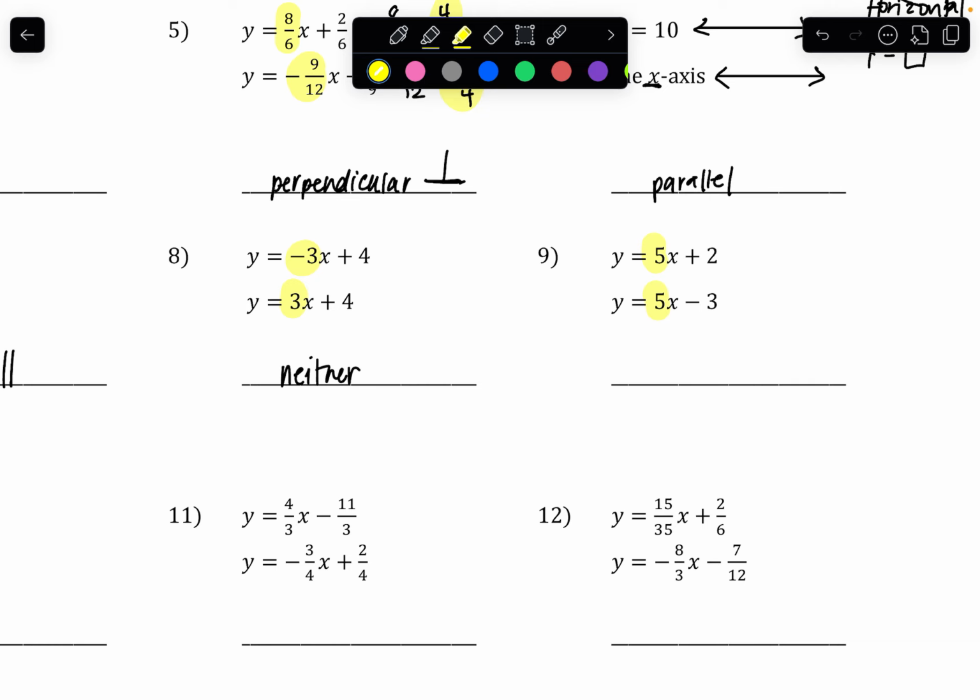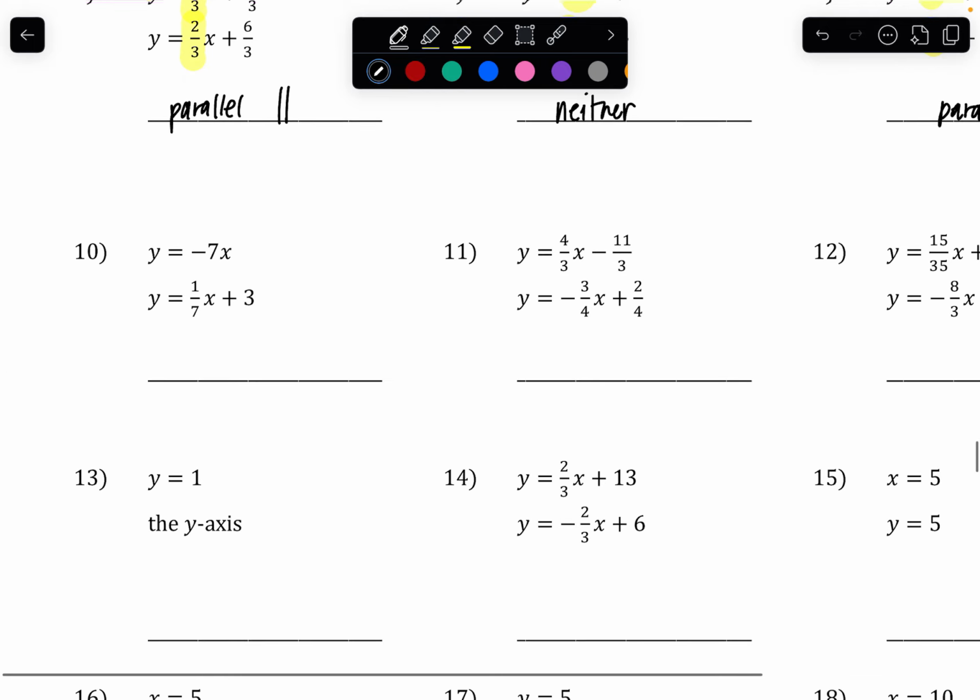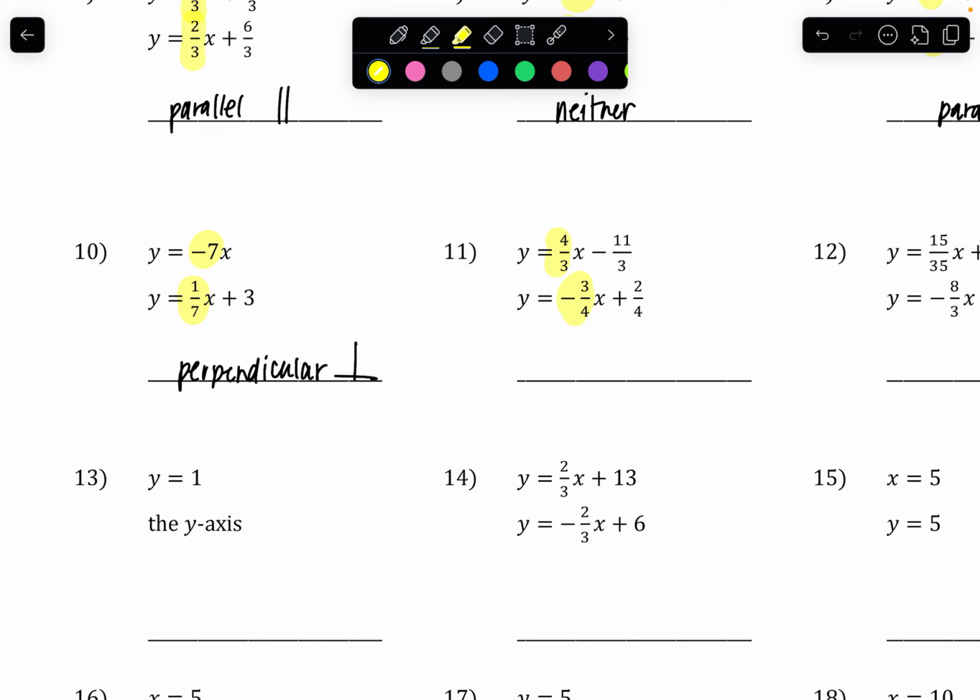Here we have 5 and 5, so same slope, so these are parallel. Here we have -7 and 1/7, so opposite reciprocals, that's perpendicular. Here we have 4/3, -3/4. So perpendicular, opposite reciprocals.